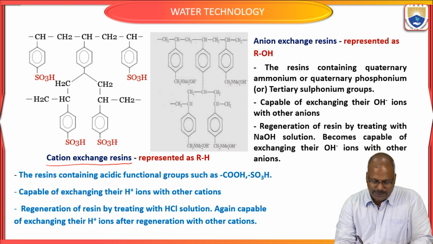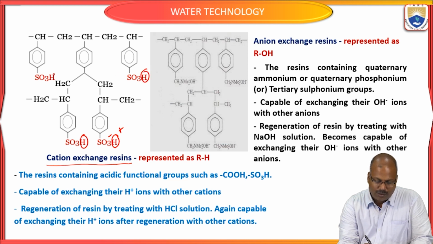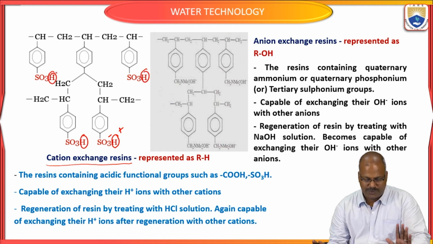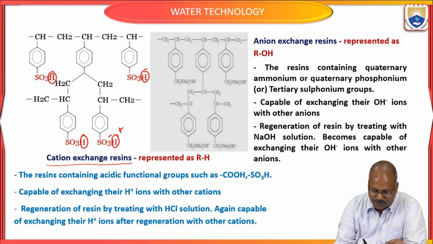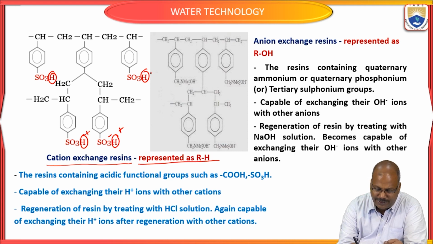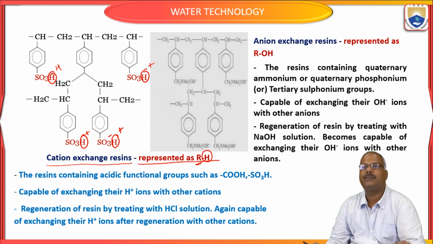It is basically SO3 minus H plus. These hydrogens are going to get exchanged with cations from water. So it is represented as RH. This circled H is represented as H, and the remaining portion is represented as R.